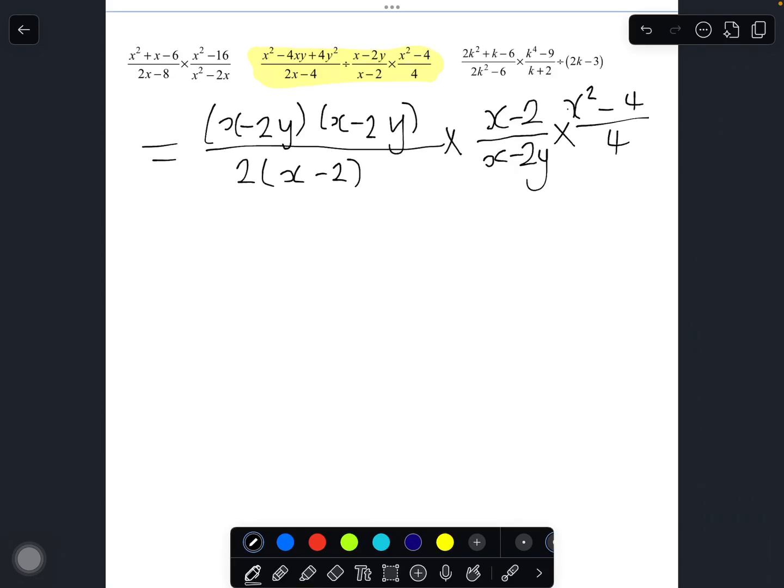So let's first simplify what we can in our first two terms, and what cancels off here is this x minus 2y with this x minus 2y, and this x minus 2 with this x minus 2.